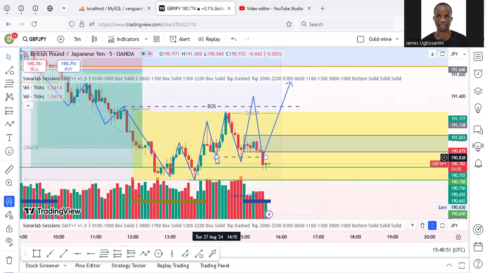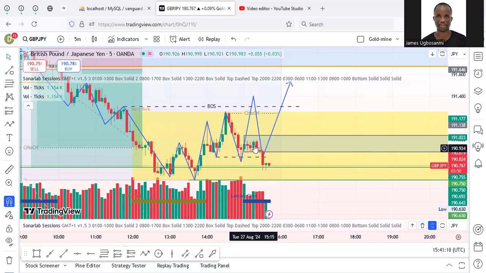So let's see. Now this lower high that has been formed, the market tried to break below it here, but it did not. The sellers tried to break below, it did not work. So the market went up and they did their gymnastics. And finally, the sellers broke below this lower high here.